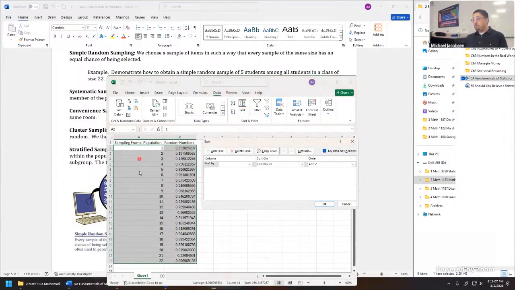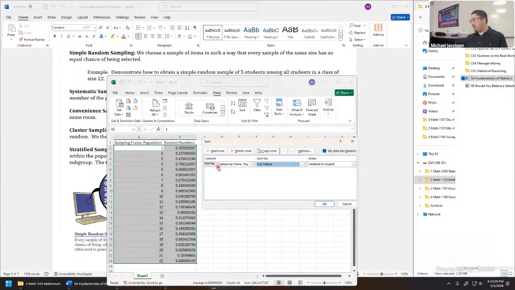We want to sort the students. Let's go for the top 5 students. So sort by column sampling frame, the first column, and it's going to be sorted based on the values we see here. Or hang on.